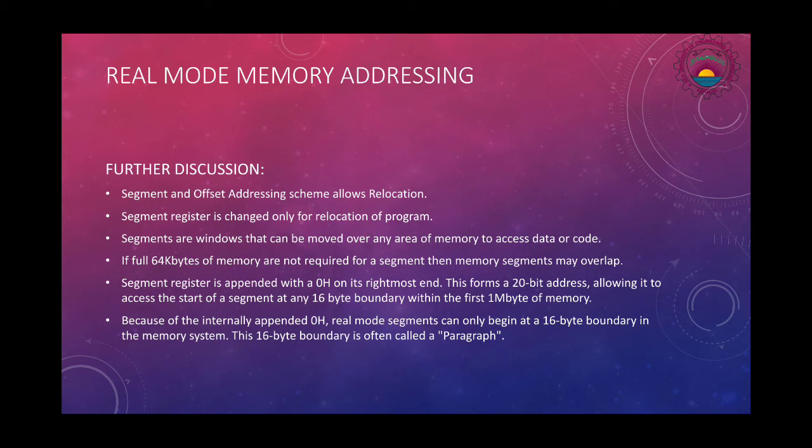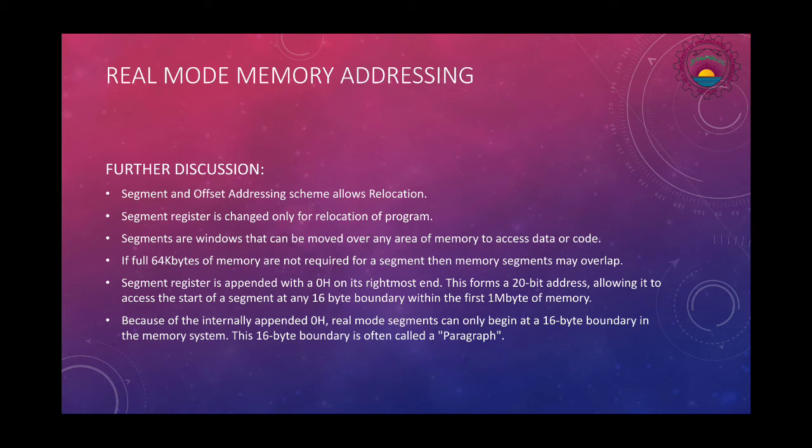And if you don't want to reserve 64 kilobytes of memory for any segment, then your segments may overlap. If you want only 1 megabyte of memory for code, then after 1 megabyte you may place your data segment, and if your data segment is of 1 megabyte, then you may have a stack segment of, for example, 100 bytes.